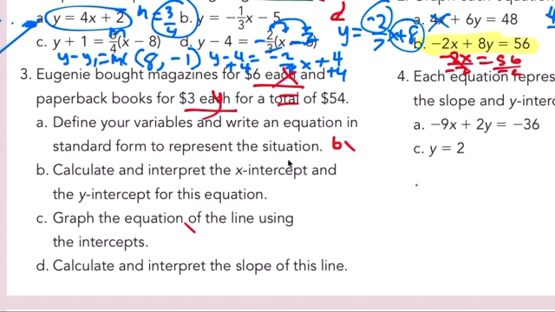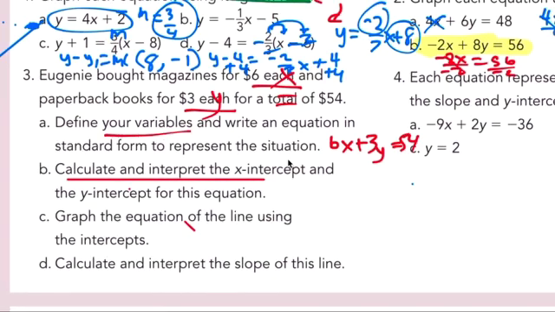So 6x plus 3y equals $54. Graph it. Calculate the x and y intercept. So you know how to do that. Define the variable. X represents the number of magazines bought, right? Y is the number of paperback books bought.